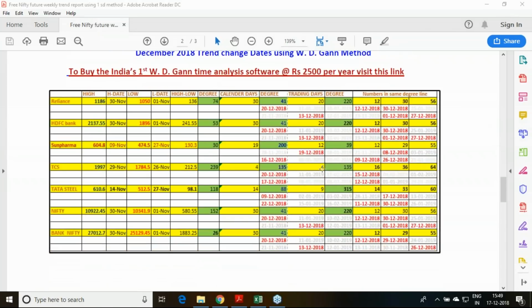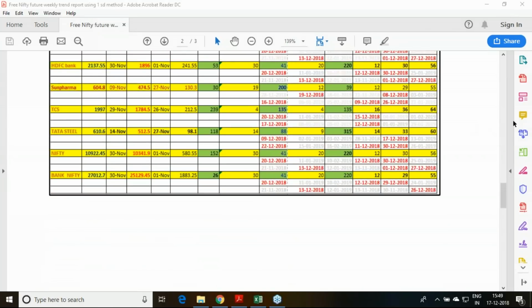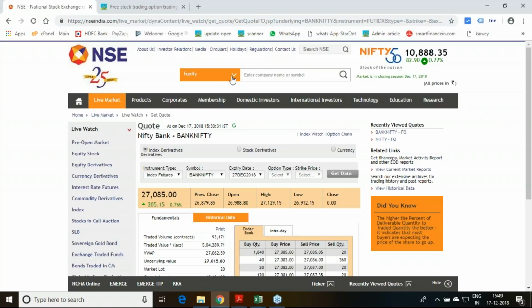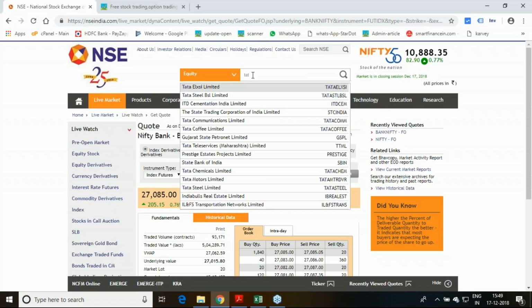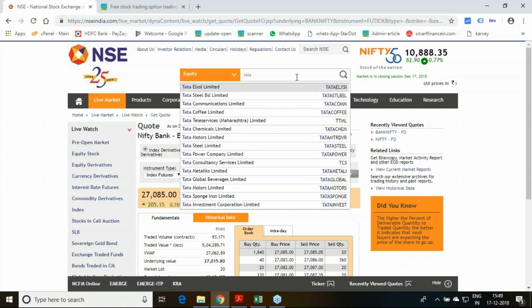So coming back to the trend reversal days. Here 17th November was a trend reversal day for Tata Steel, and the same for TCS also. So let us go back and see what they have given. Trend reversal means whatever happened on the previous trading day, this is going to be the opposite of that price action.